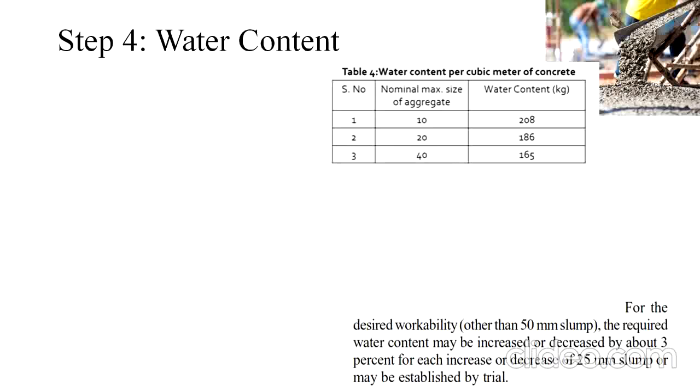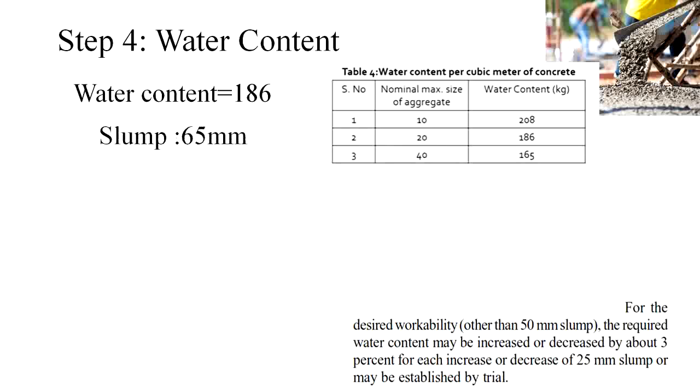If the slump is greater than or less than 50 mm, the required water content may be increased or decreased by about 3% for each increase or decrease of 25 mm slump, or may be established by trial and error. This is the codal recommendation given in IS 10262. Therefore, the water content we are getting is 186.